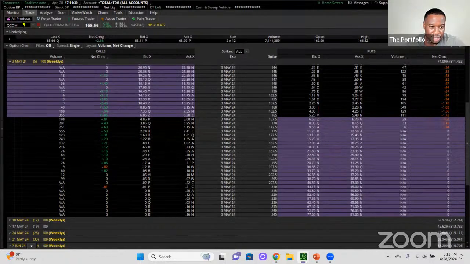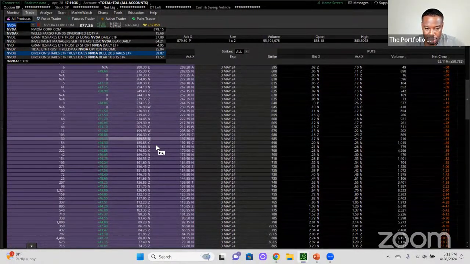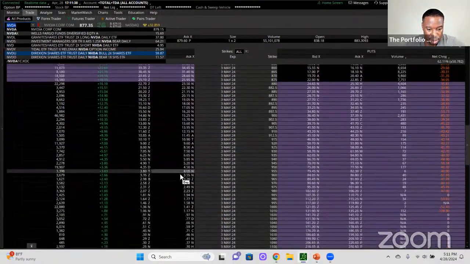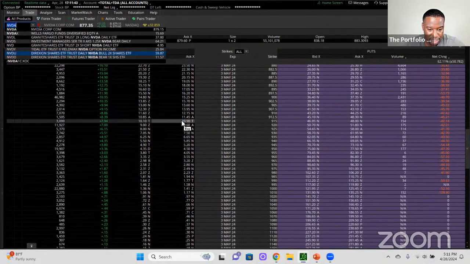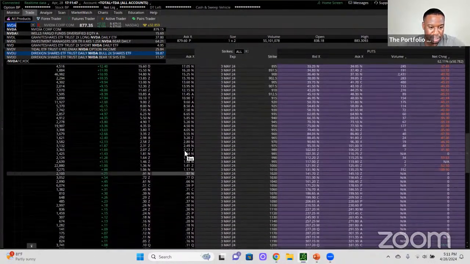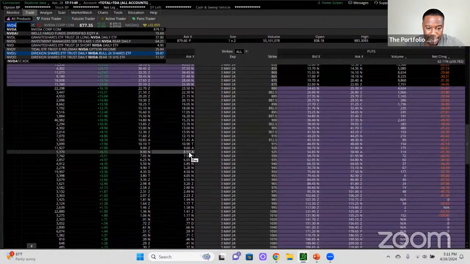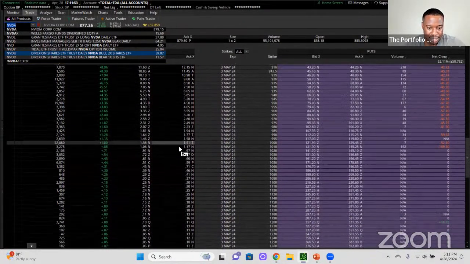So I'm going to give you another example. Let's take a look at NVDA now. We're going to take a look at their contracts. If you scroll down, there's a bunch of contracts here, a bunch of contracts, all right? So you have so many more options than QCOM. And on top of that, the spreads are not as wide as QCOM.